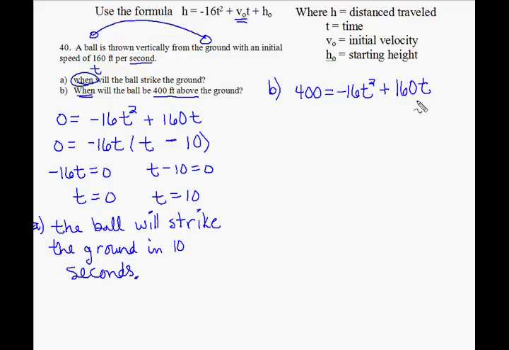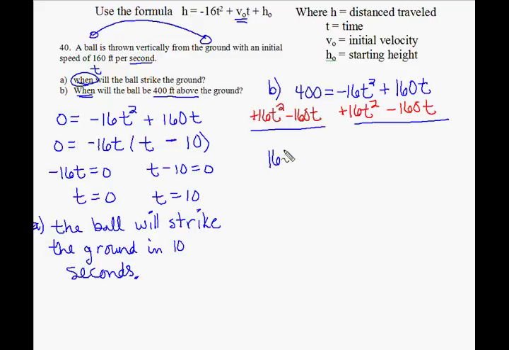Solving this equation, well, we are not going to be able to just factor out what's common because it's not set equal to 0. So let's do that first. Since this 16t squared is negative, I'm going to add a positive 16t squared and subtract a negative 160t from both sides.